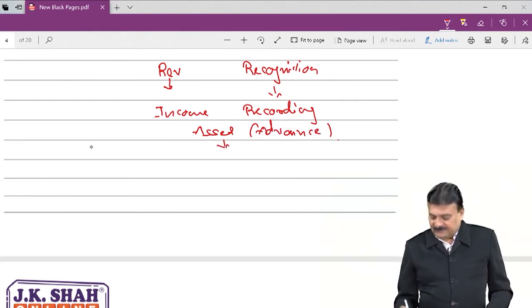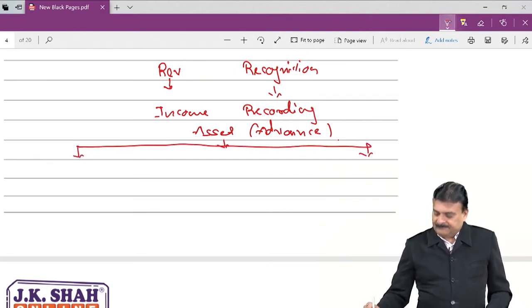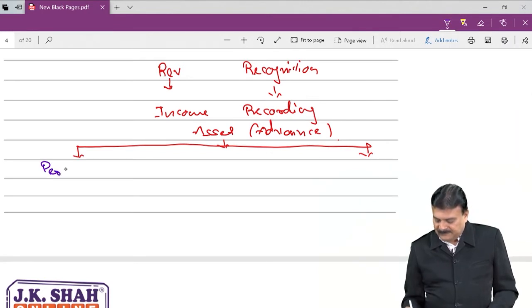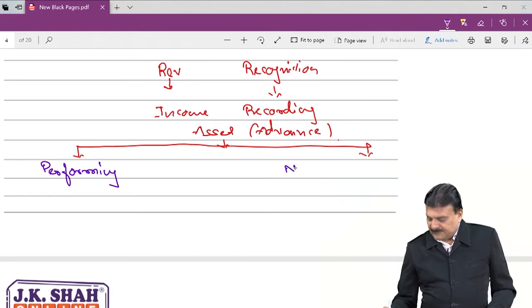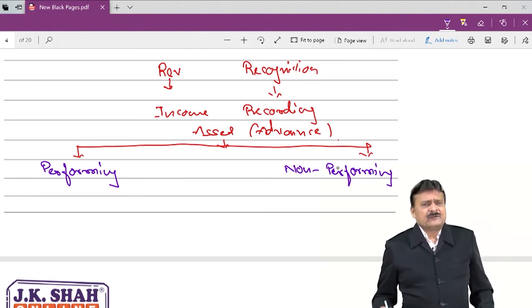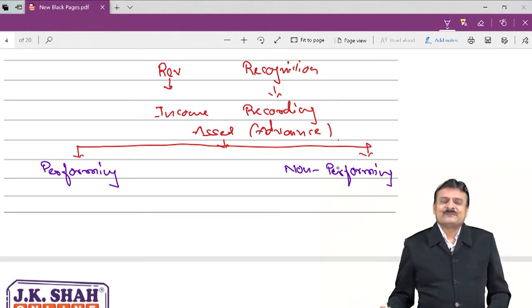For that, it is classified into two parts. First part says performing assets, and second part says non-performing assets. You might be reading in newspapers every now and then, non-performing asset, NPAs, the biggest burden, a headache for Indian banking system.